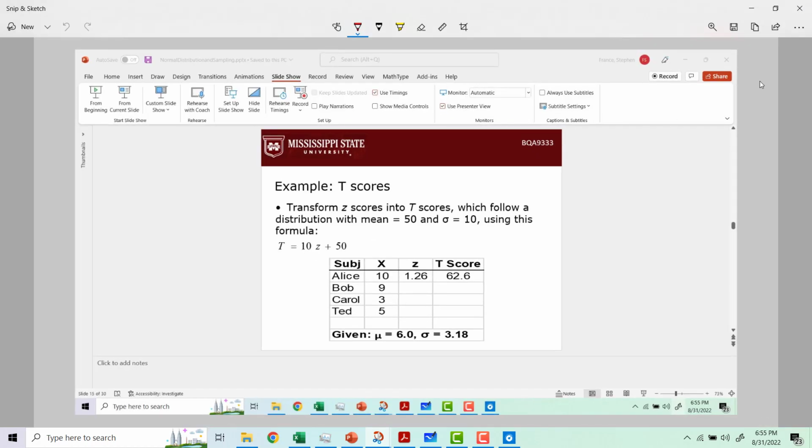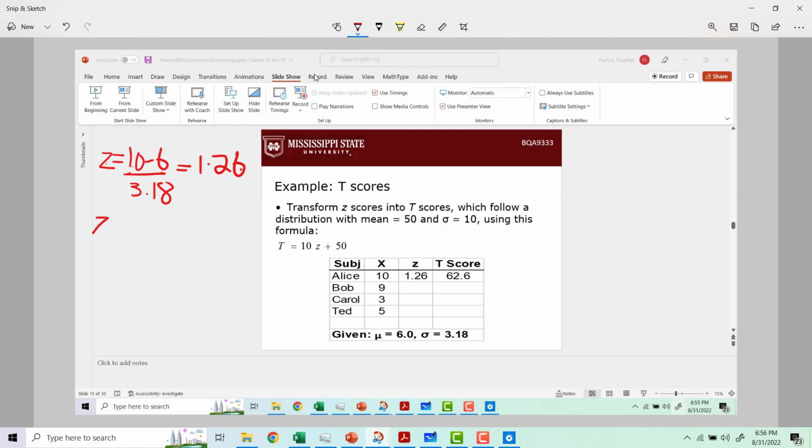Okay, so first for Alice, we have z equals 10 minus 6 all over 3.18 equals 1.26.